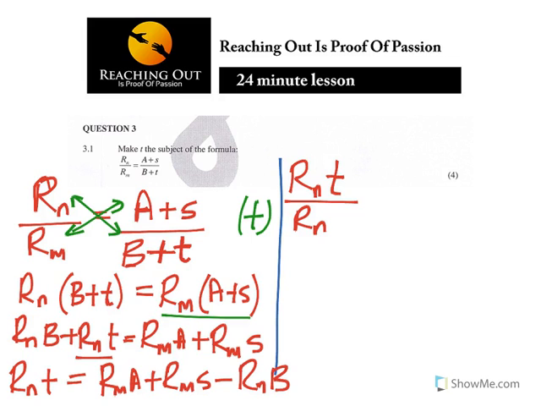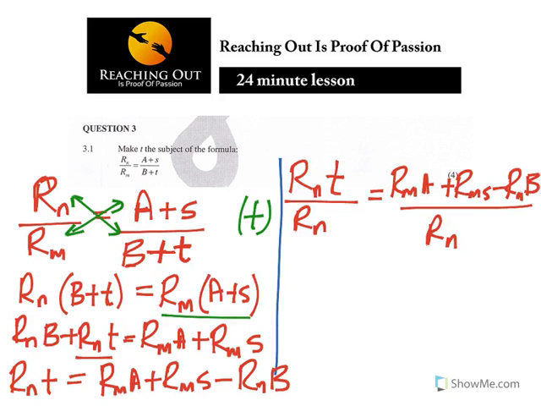So t is equal to Rma plus Rms minus Rnb, all divided by Rn.